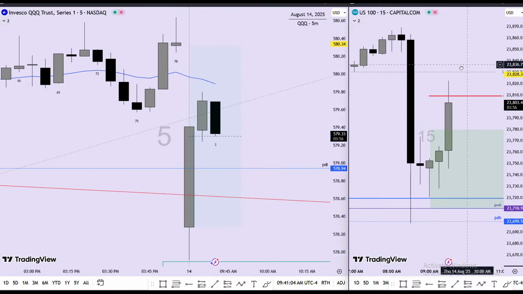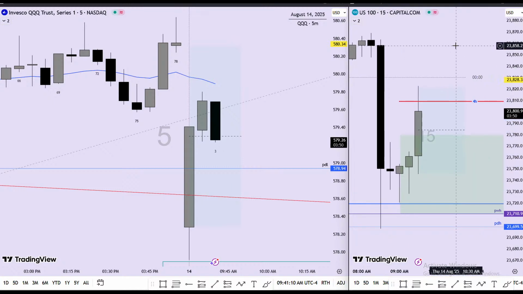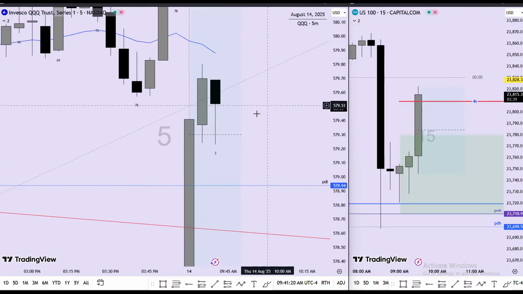I need the 15 minutes to close first. Took out the low of the second bar.